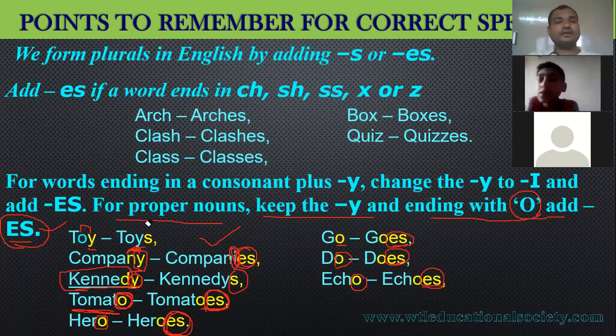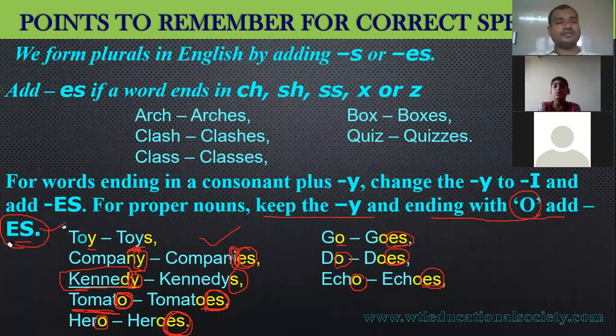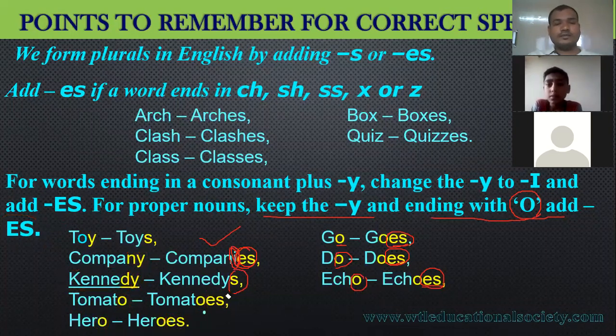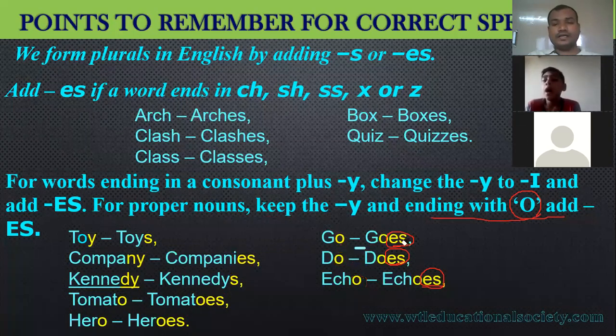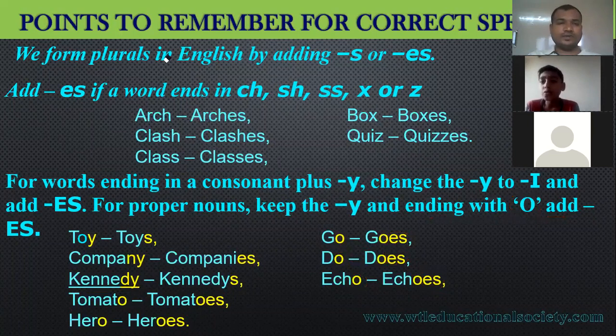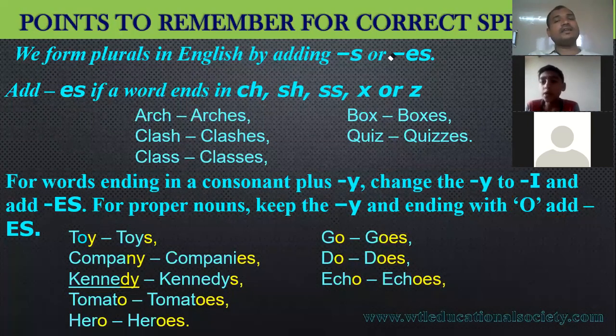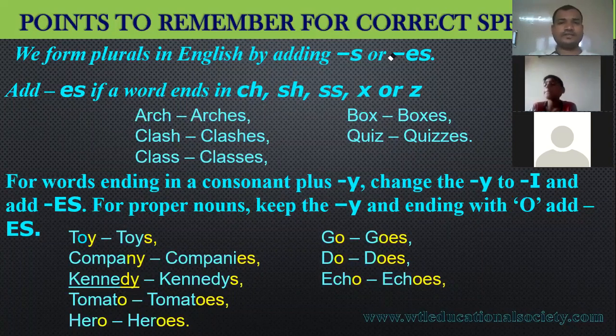So this is the way we are supposed to make plurals by adding word endings to singulars. There are two word endings to make the plurals, right? We can add S or ES to the singulars to form plurals. Is it clear so far?